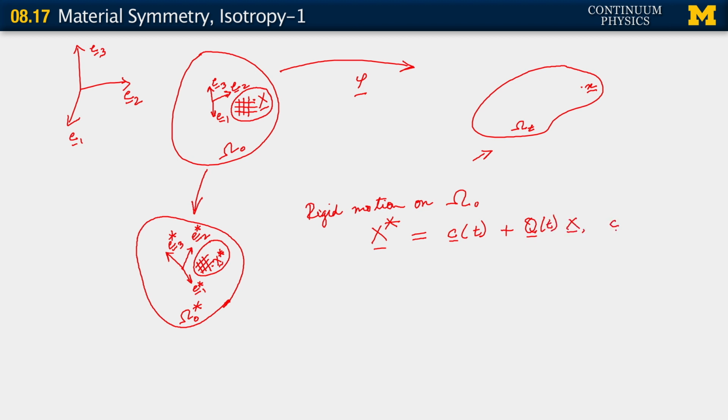Okay, and as always for rigid motions, we have C of t is a vector and Q of t is a member of SO3, a member of SO3 that preserves handedness. Okay, we have this, okay? Now, the question we want to ask is the following.